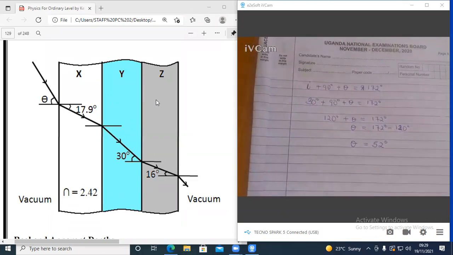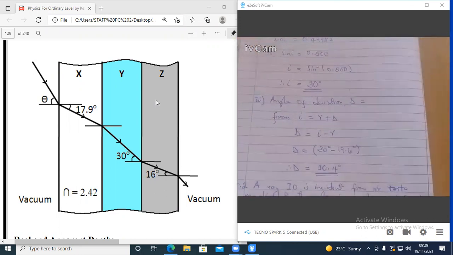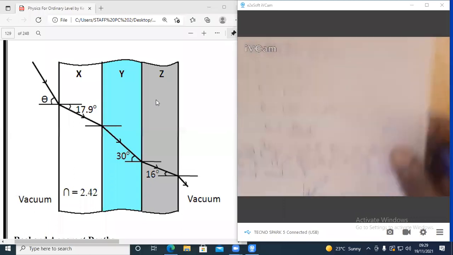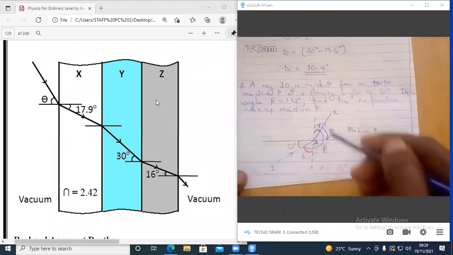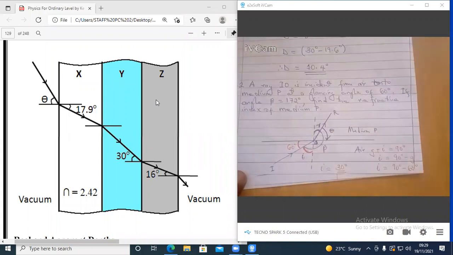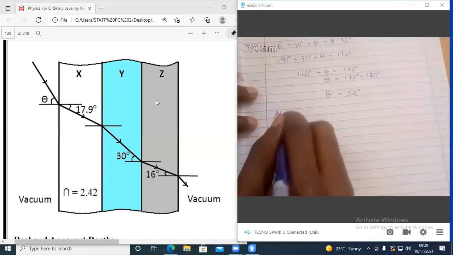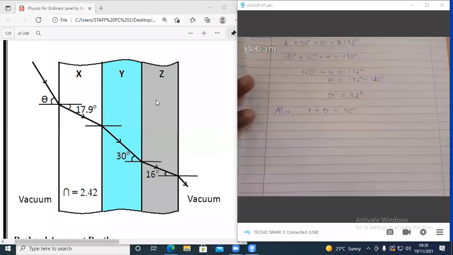But we know that for us to find the refractive index, we need only the angle of incidence and the angle of refraction. So I'm going to find the angle of refraction here, members. R plus theta must give us 90 degrees, not so?